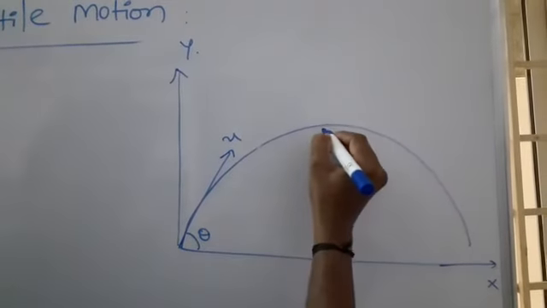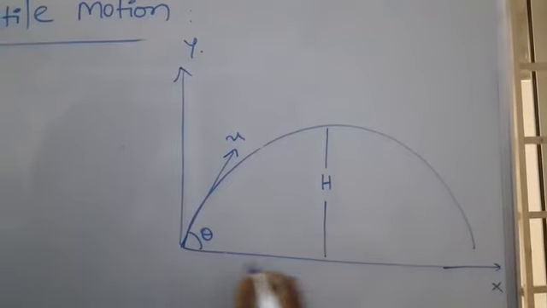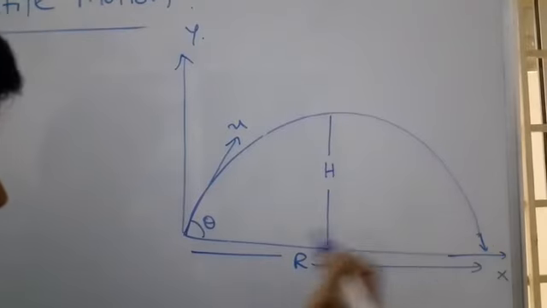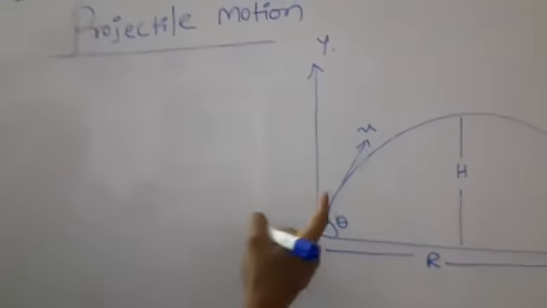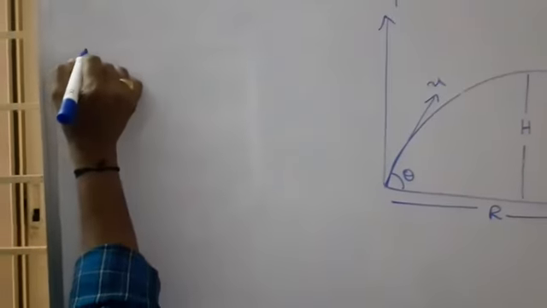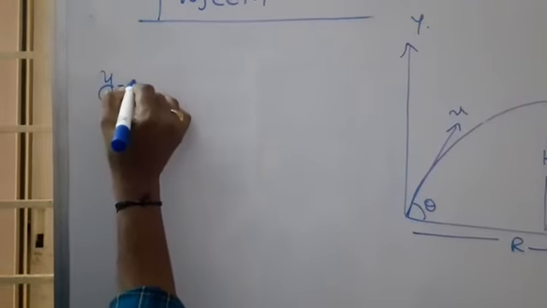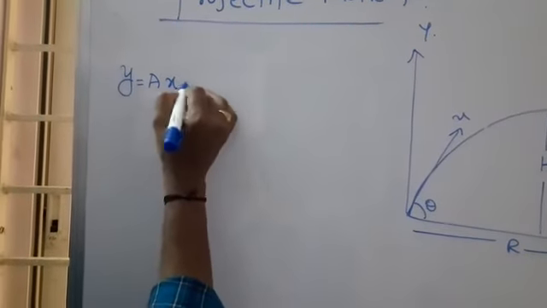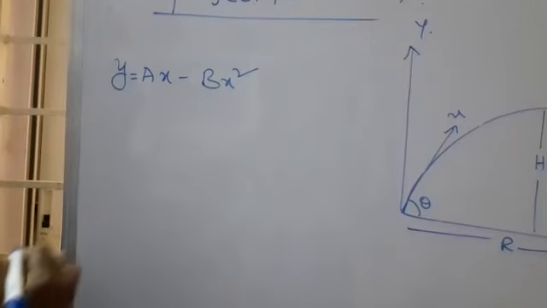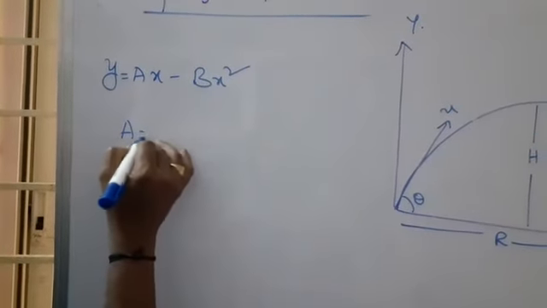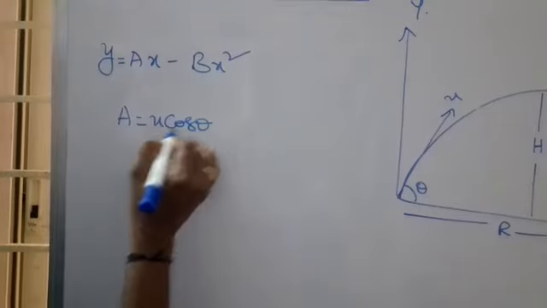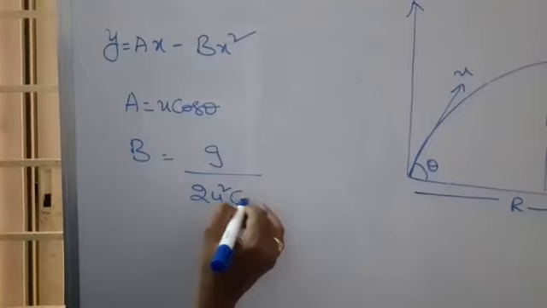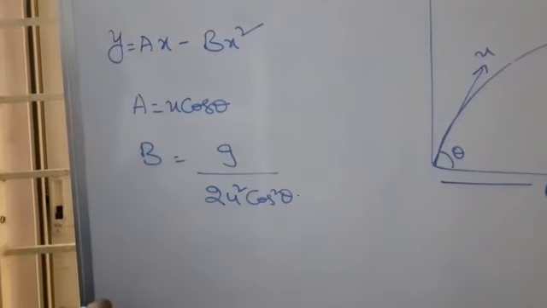The vertical displacement covered is called the height, and the horizontal displacement covered is called the range. The projectile motion parabolic equation is y is equal to ax minus bx square, where a is equal to tan theta, and b is equal to g by 2 u square cos square theta.